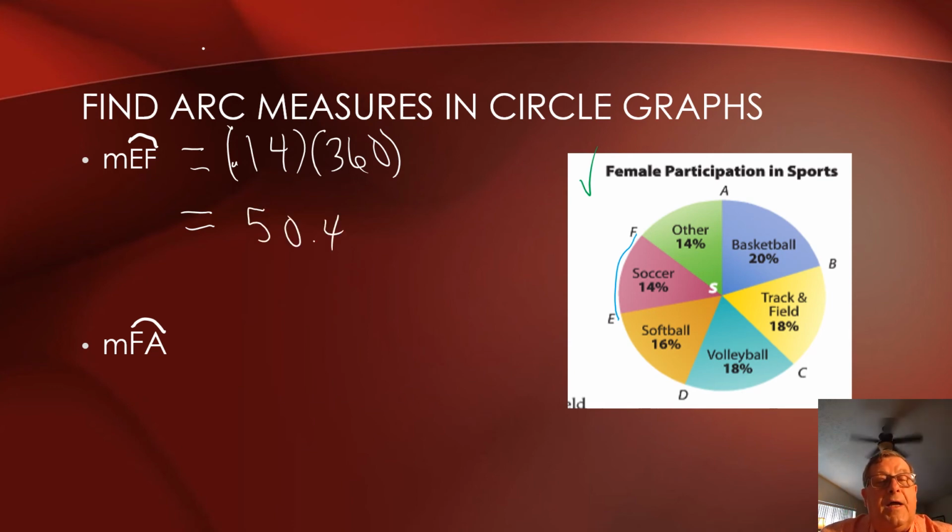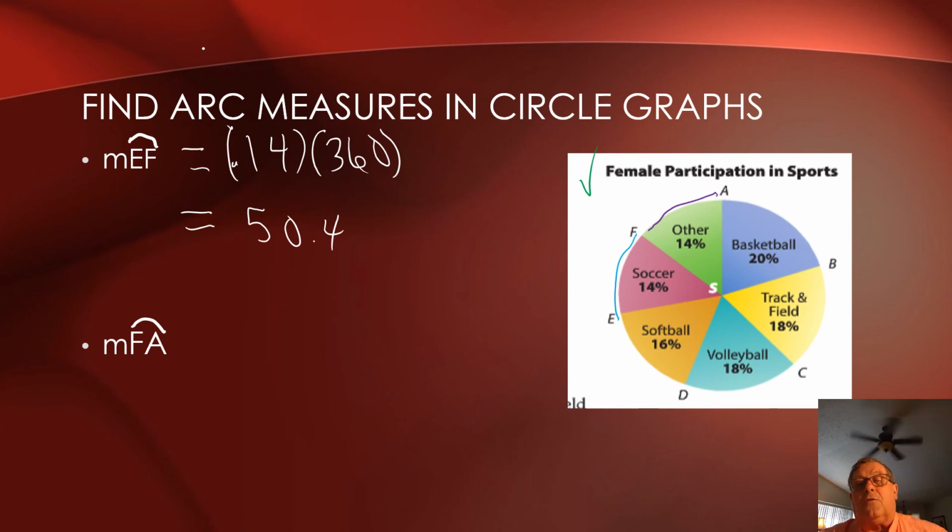Then next up, we're asked to find the measure of arc FA. Well, FA is this arc. And when I look at that, of course, it's for the other sports, but it's also 14%.